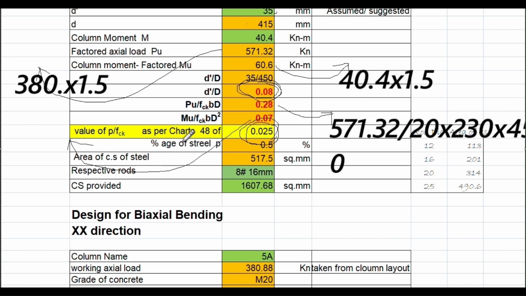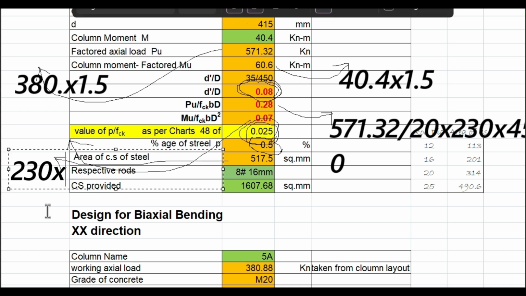Then percentage of steel: this value is p by fck, this much. The fck value is 20. By putting this as 20, the p value comes as 0.5. This is the percentage. So what is the reinforcement? 230 into 450 depth into 0.5% is this value.